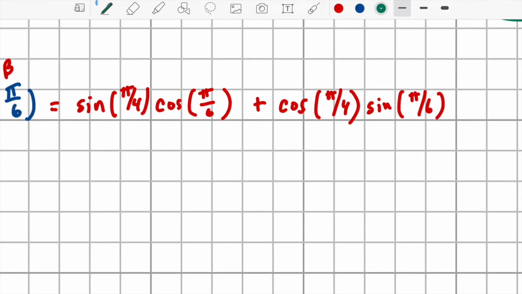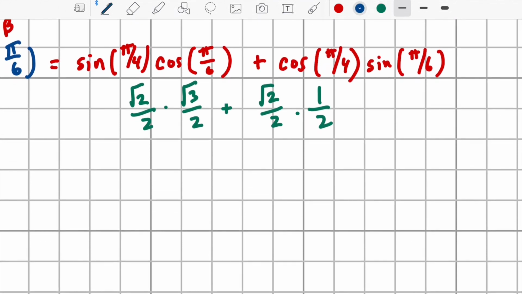So now let's evaluate. The sine of pi over 4 is square root of 2 over 2. The cosine of pi over 6 is square root of 3 over 2, plus the cosine of pi over 4 is square root of 2 over 2, and the sine of pi over 6 is 1 over 2.